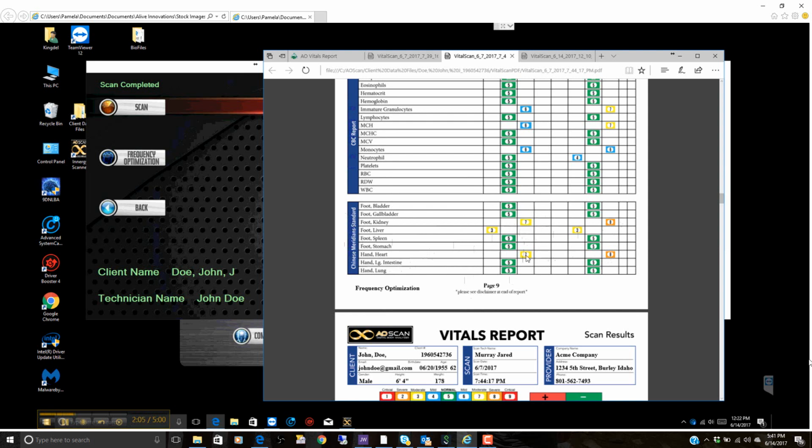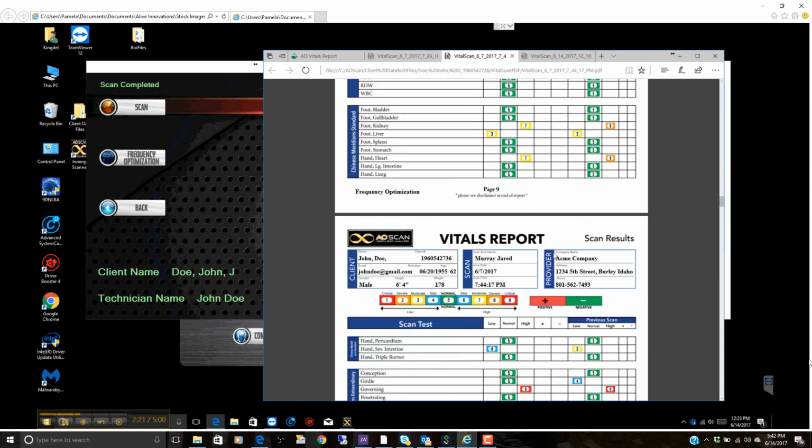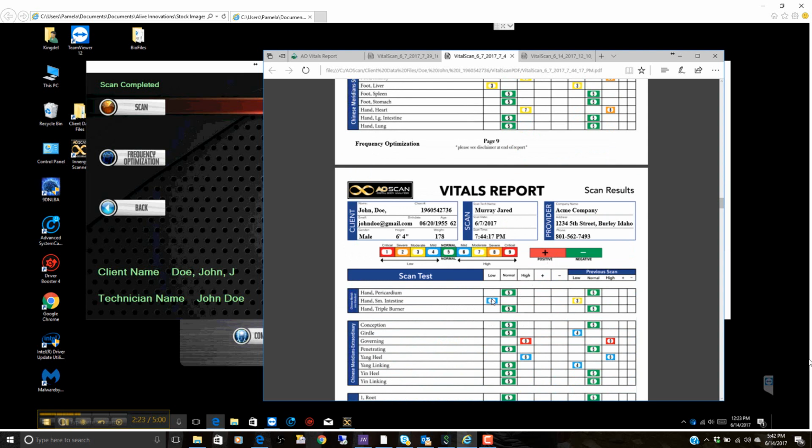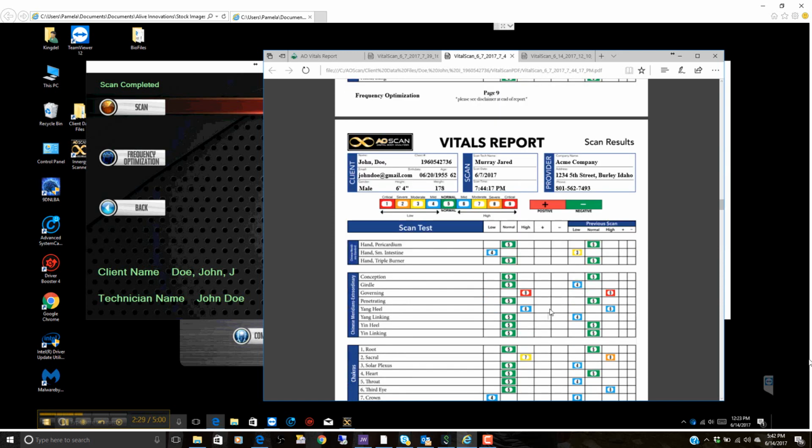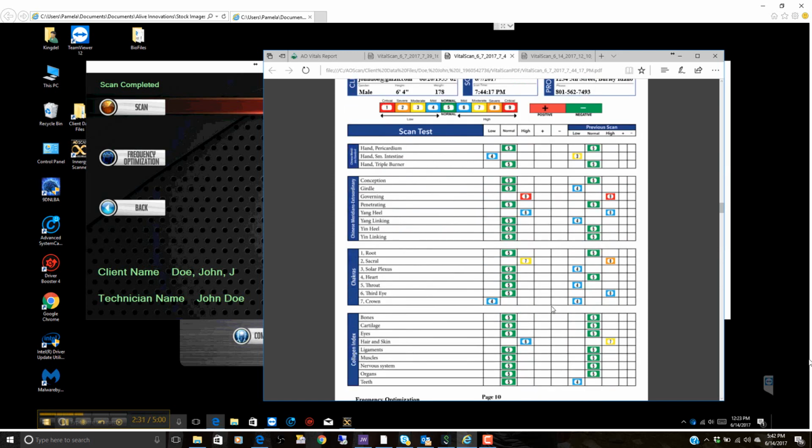So these have an immune response of 7, and so the kidney and heart would be primary, and then I would look at this and say liver is secondary, but sometimes those secondaries are just as important as the primary, because as you can see, the liver was actually one of the items that was unchanged by the frequency optimization as of yet. We see the small intestine, so there's a slight GI issue, was a 3. And this kind of coincides with how the body is breaking down proteins as well.